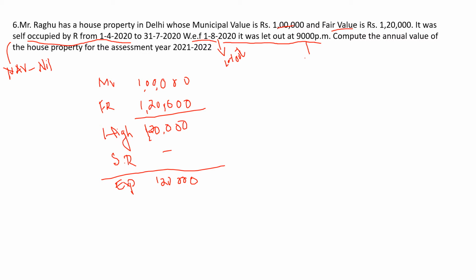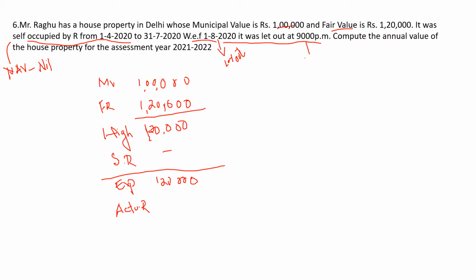Now we need to find the actual rent. With effect from 1/8/2020 to 31st March: August, September, October, November, December, January, February, March, so it comes to 8 months.